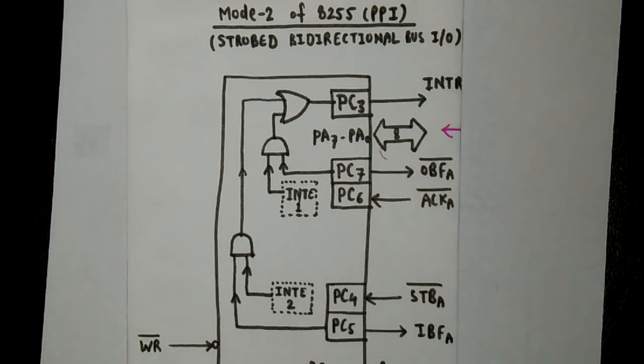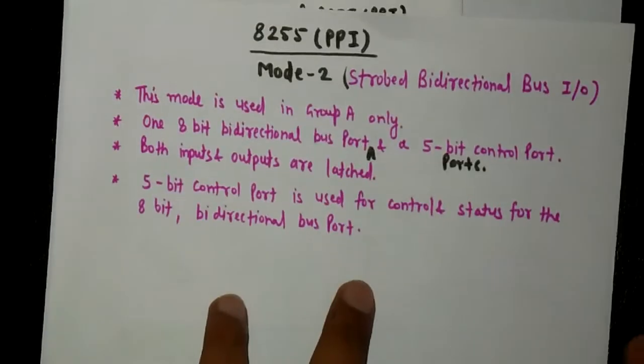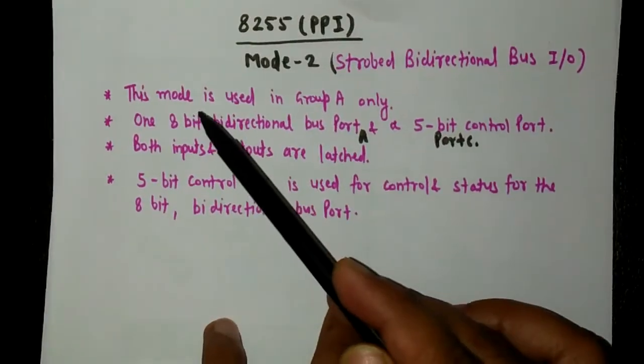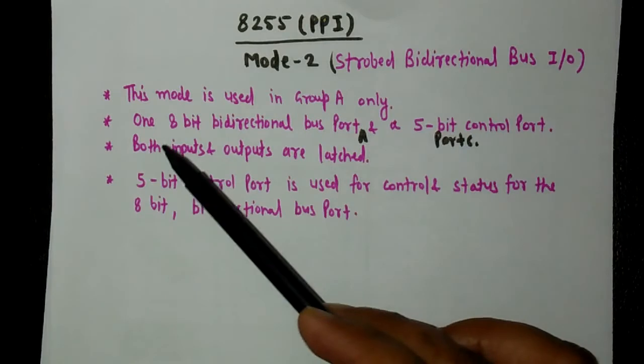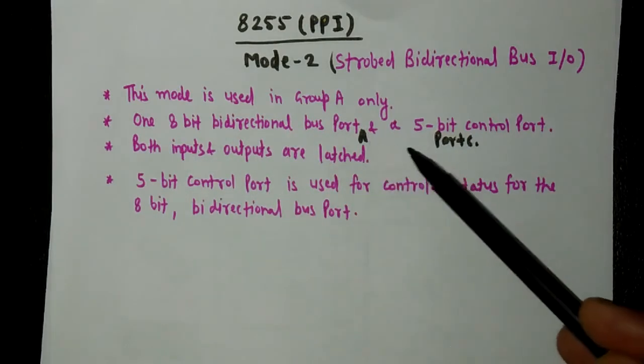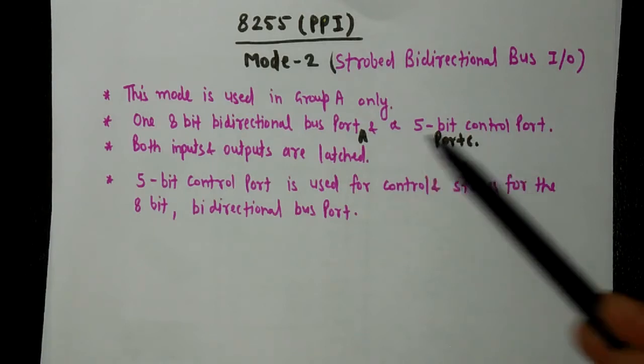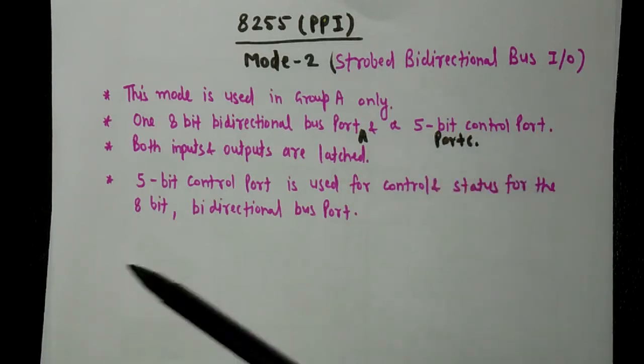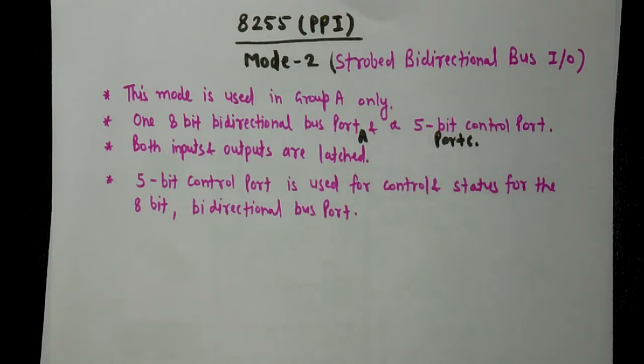So here are the characteristics of mode 2. This mode is used in group A only, with one 8-bit bidirectional bus port, that is port A, and a 5-bit control port, which will be from port C, and both inputs and outputs are latched.